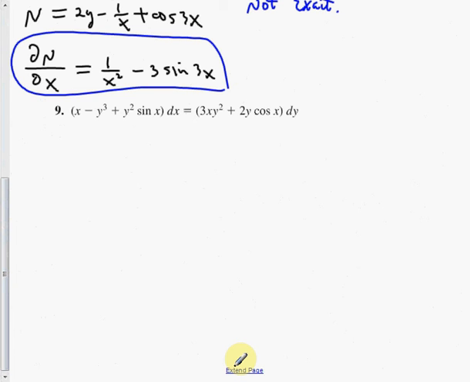Is this problem in the correct form? No? So what must we do to write it in that form? That's right, we have to get that right side over to the left side, get everything on the same side.